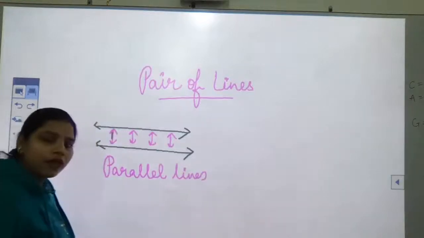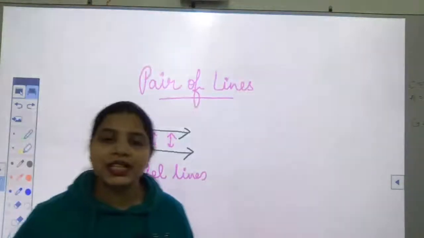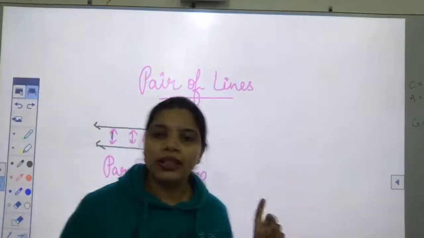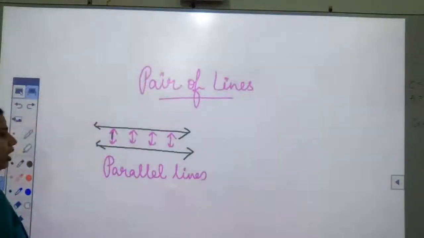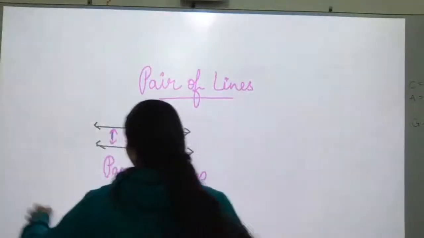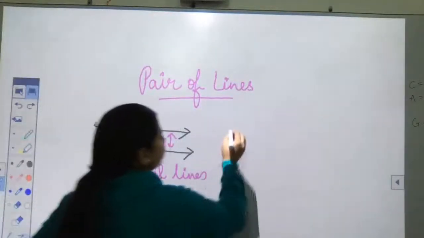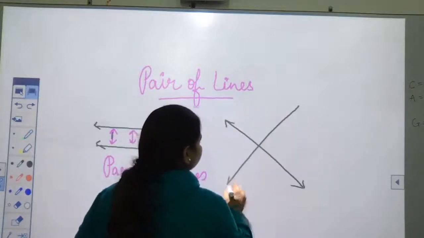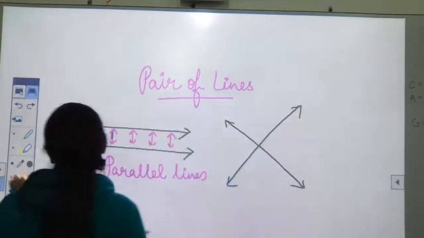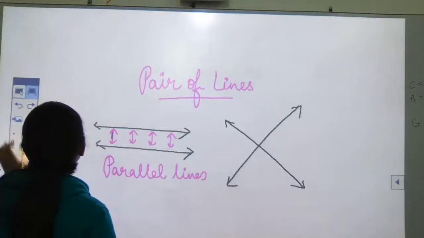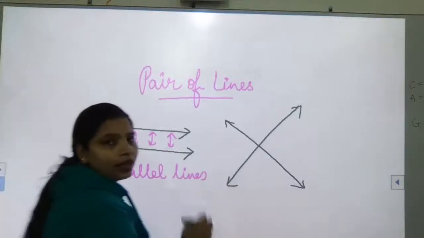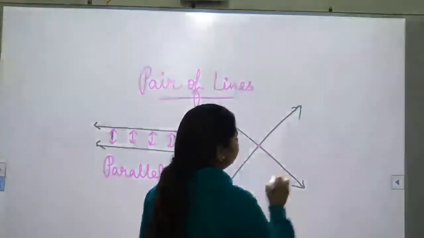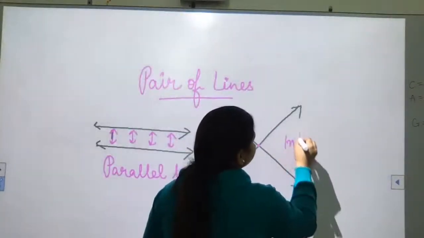When we have a pair of lines which are not going to meet at any point anywhere, we'll call them parallel lines. If two lines are in such a way that they cut at some point, as they are meeting or intersecting at a point, they will be intersecting lines.